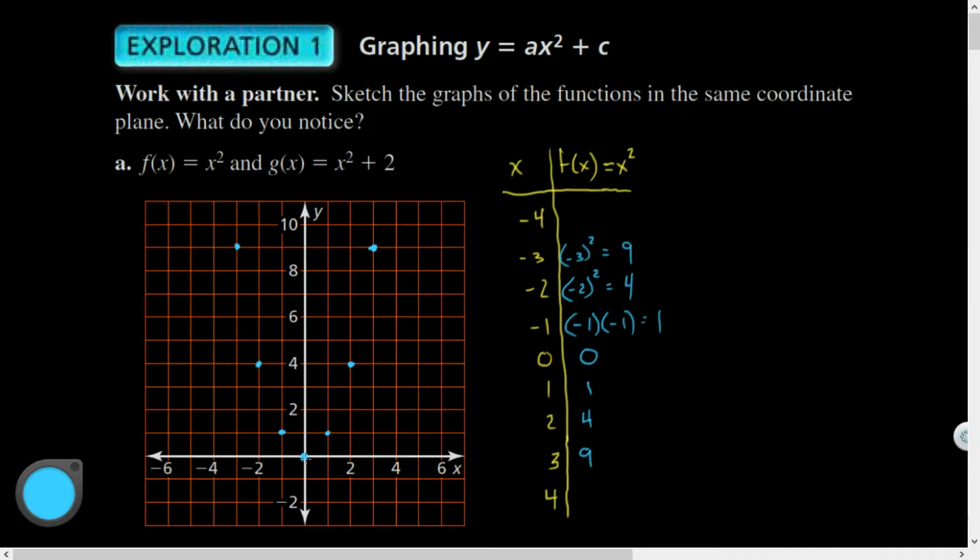This one's mirrored onto itself, I might argue. What axis, what line are they being mirrored over? Yeah, the y-axis, right? Here's the y-axis. And that is going to be one of the things about these new types of graphs. They are symmetric over a line. They're a mirror image of themselves.